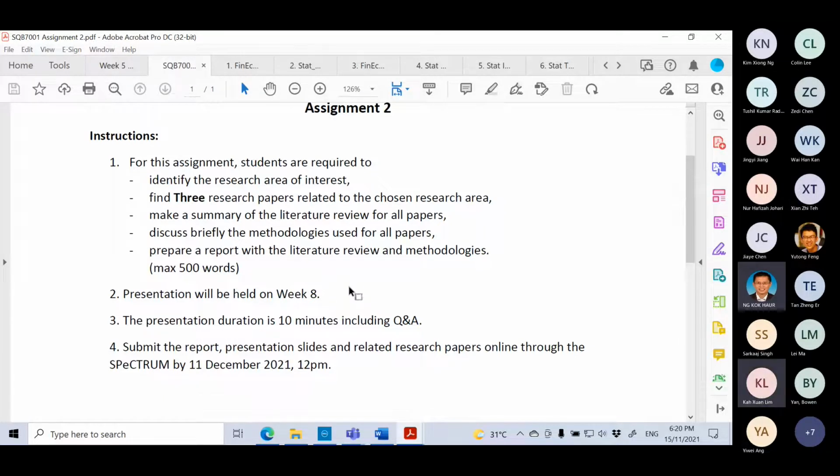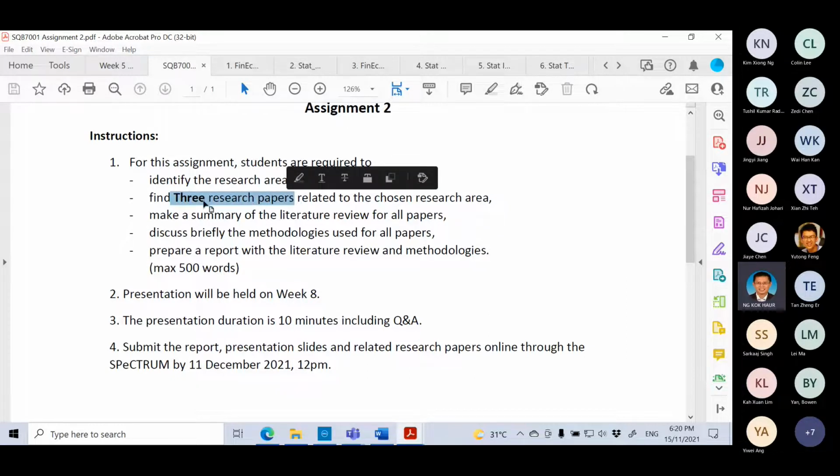Hi, doctor, I have a question. Just now you mentioned that we have to summarize the literature review and methodologies. Does this mean we have to not only review that paper but also summarize other papers that are mentioned? No, summarize the literature review only for these 3 papers. Only these 3 papers you choose.